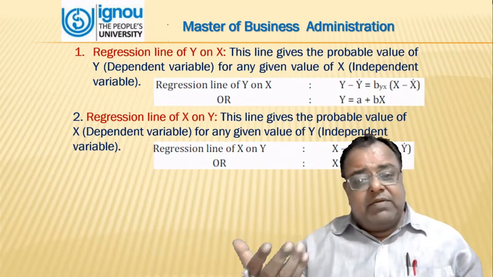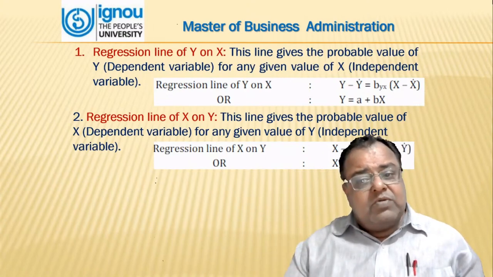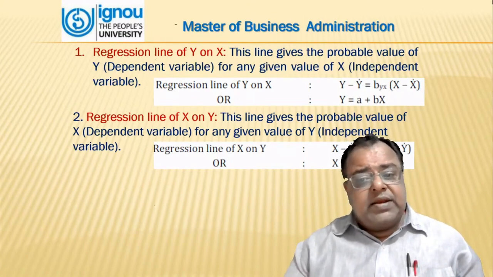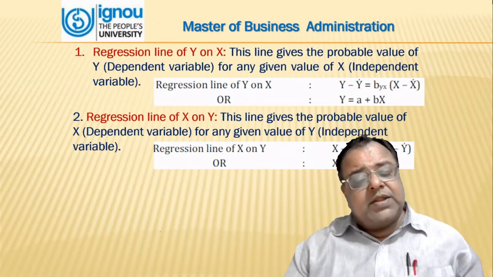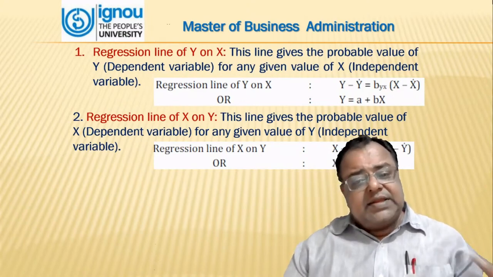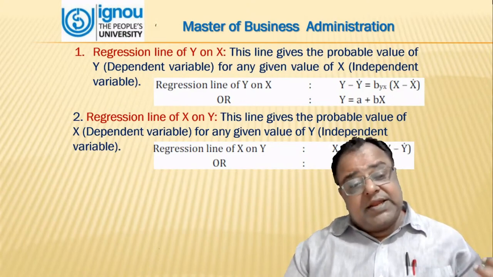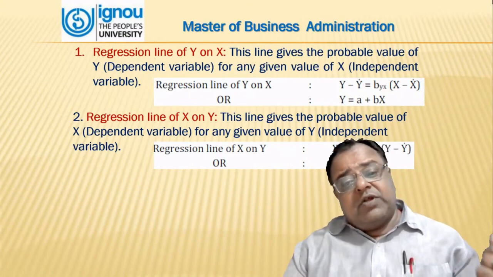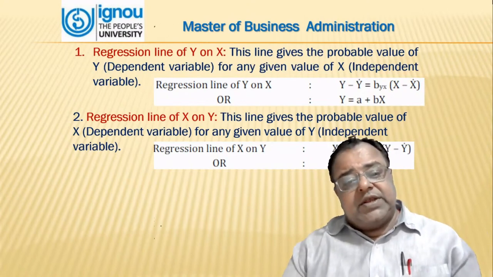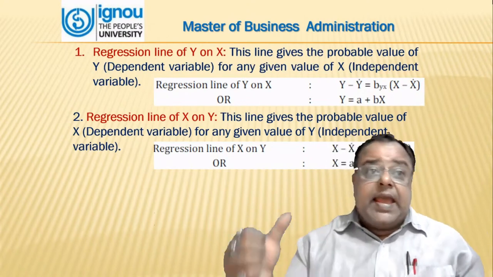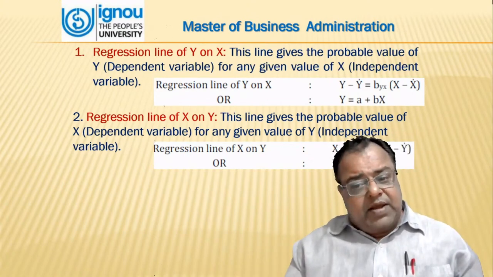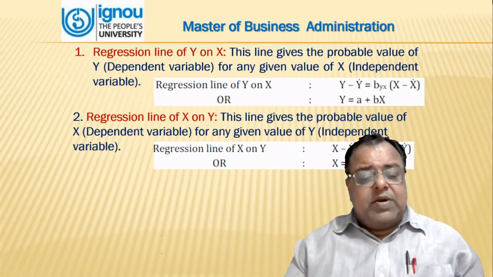That is, however, when there is either perfect positive or perfect negative correlation between the all variables, there are two regression lines will coincide. Of y, that is, we will have this line gives the variables probable are independent for the given value of y, and that is why we have two right angles. That is, however, when there is either perfect positive or perfect negative between the all variables, there are two regression lines will coincide. That is, we will have this line as x is equal to a plus by.